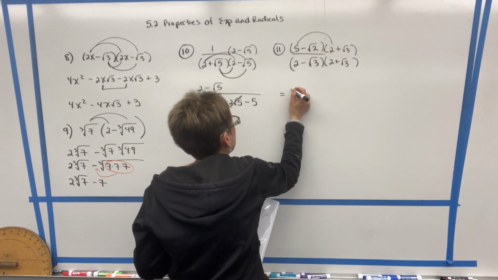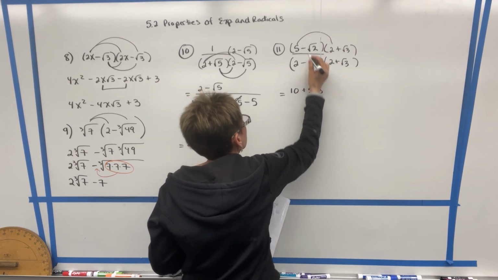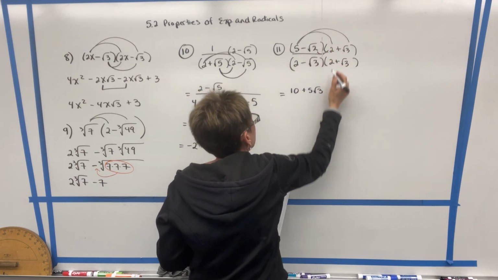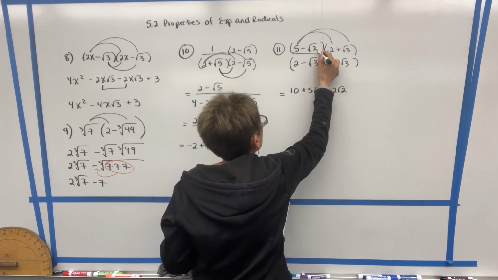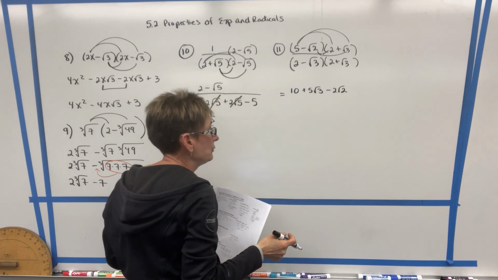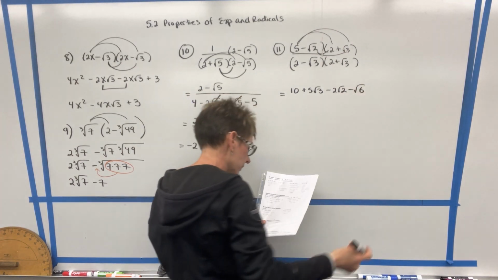When I FOIL the top, I would get 5 times 2, which is 10, and then plus 5 radical 3, minus 2 radical 2, and then radical 2 times radical 3 is radical 6, so this would be minus radical 6.